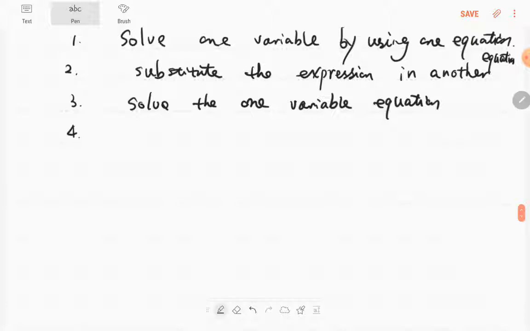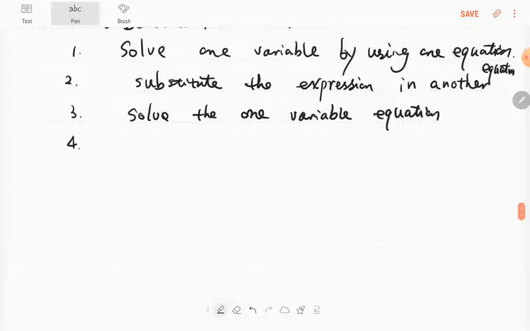Then we use the value of one variable. So that's the answer from step 3, right?